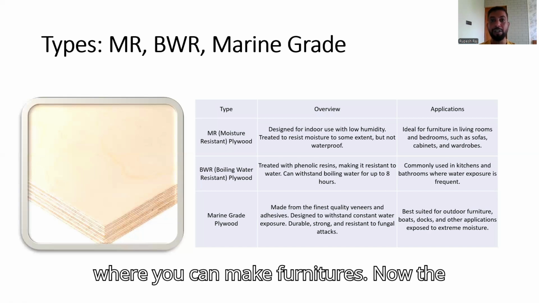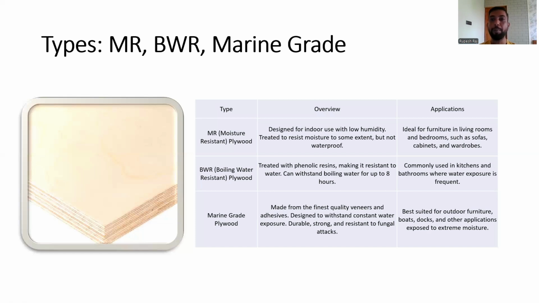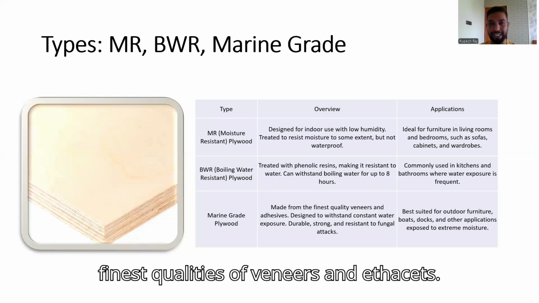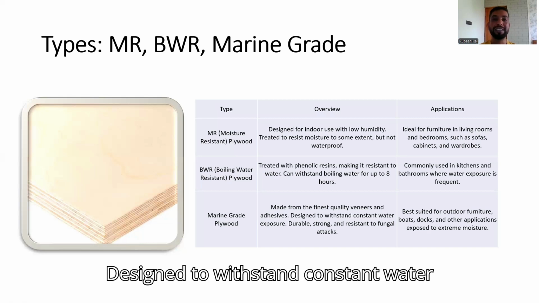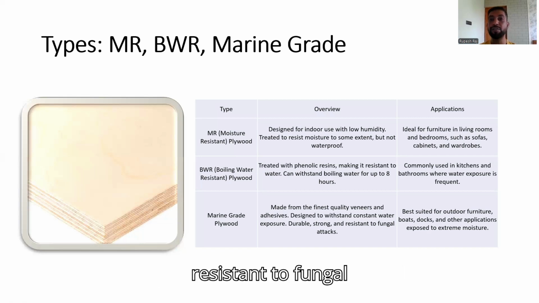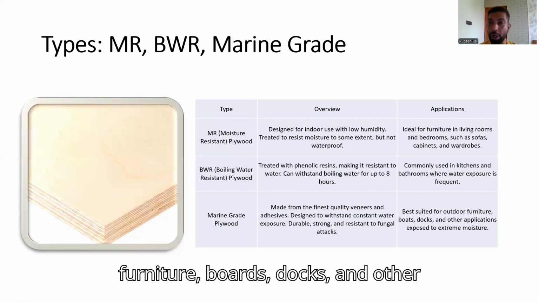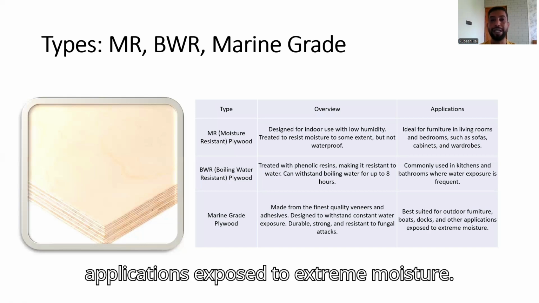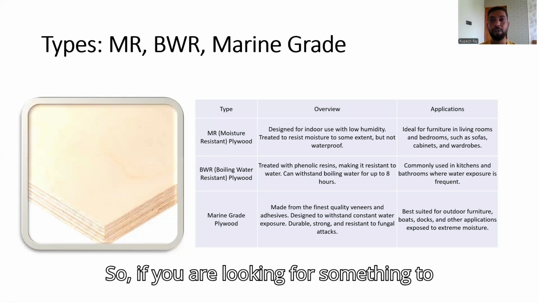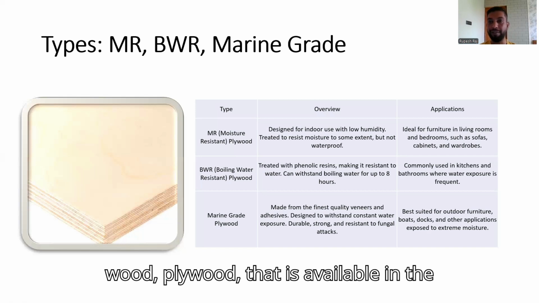Now the third grade, which is the highest grade, is marine grade plywood, made from the finest qualities of veneers and adhesives, designed to withstand constant water exposure, durable, strong, and resistant to fungal attacks, best suited for outdoor furniture, boats, docks, and other applications exposed to extreme moisture. So if you are looking for something to build outdoors, then this is the best plywood available in the market.